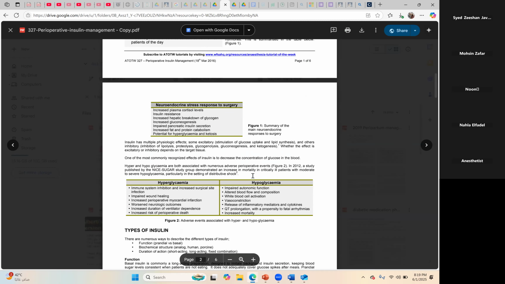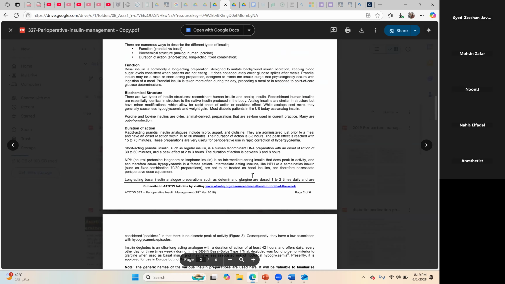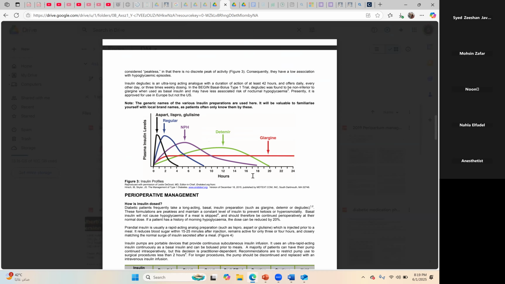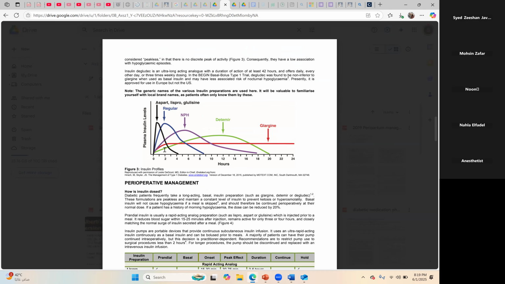Maybe you will find the long-acting regimes as well. This is a good chart to understand. Regular, and because we are using Lispro or regular, these are usually our domain. These NPH or glargine are long-acting, so usually we don't use them.